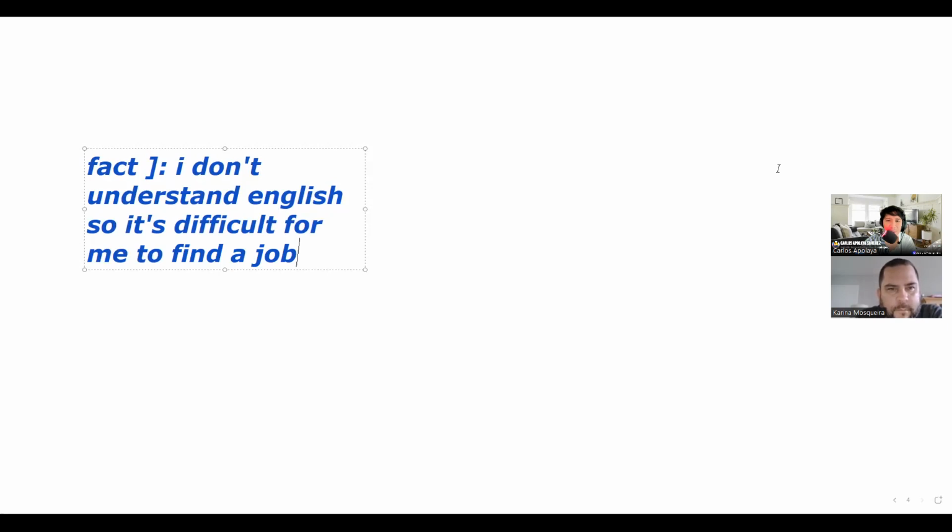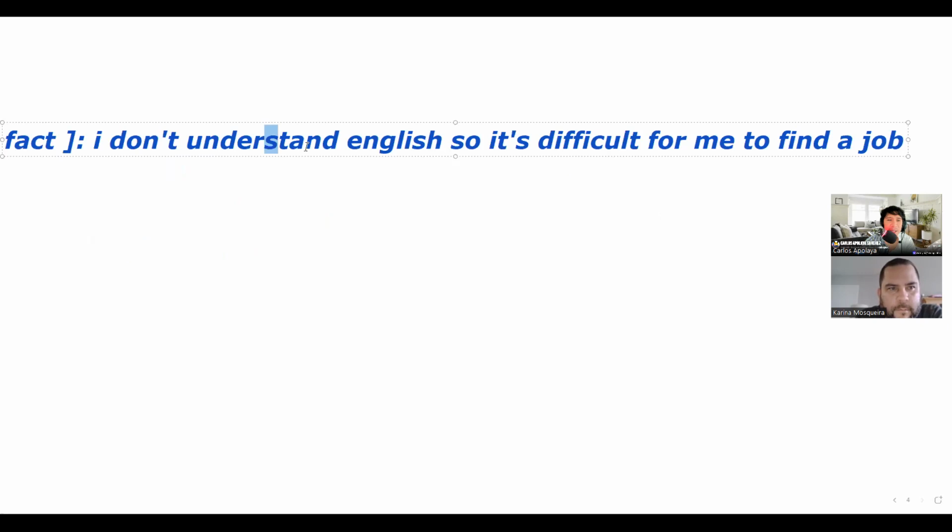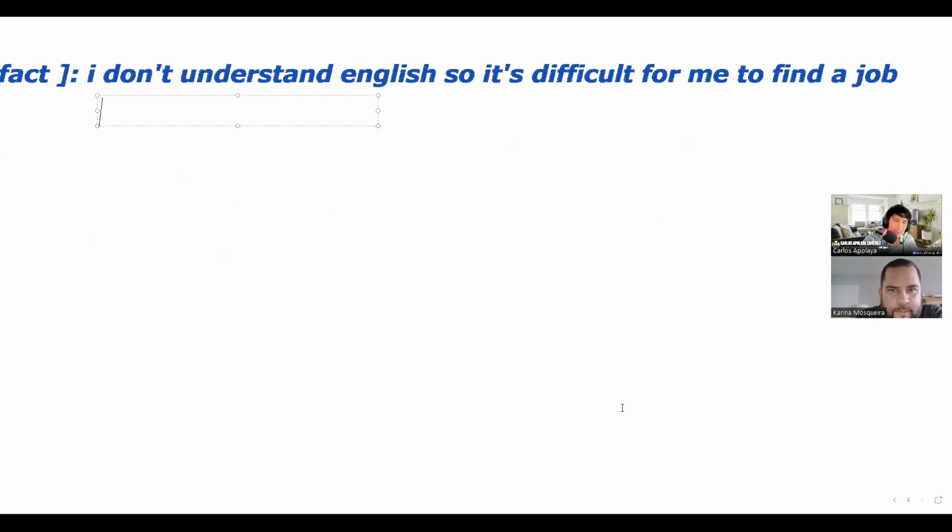So it's difficult for me to find a job. Pregunta, ¿en qué tiempo se encuentra? Presente, pasado, la primera. Present. Y la segunda, it's difficult for me to find a job. Present too. Una vez tú determines que están en presente, ya puedes aplicar el backshift que te enseñé.